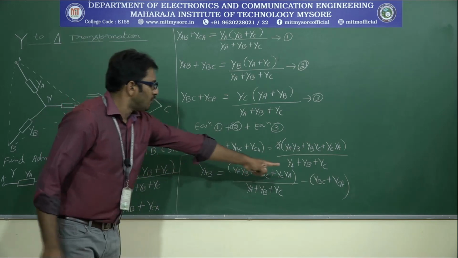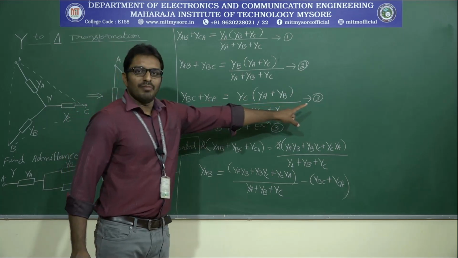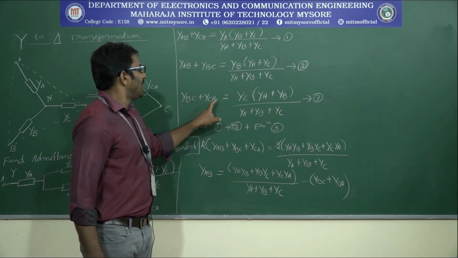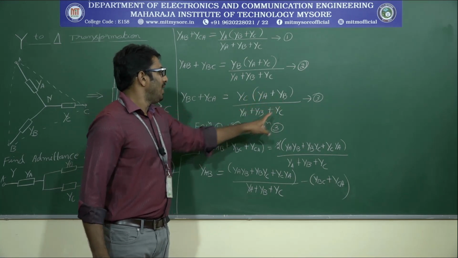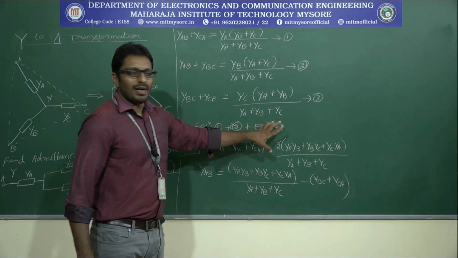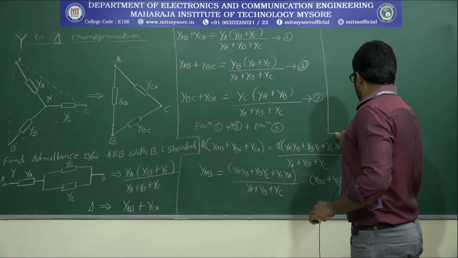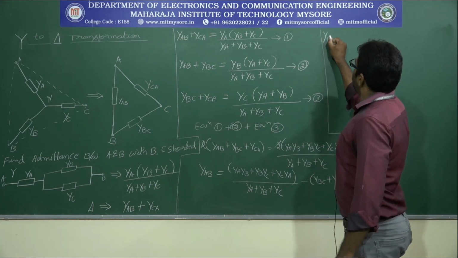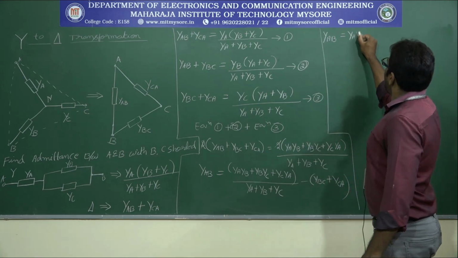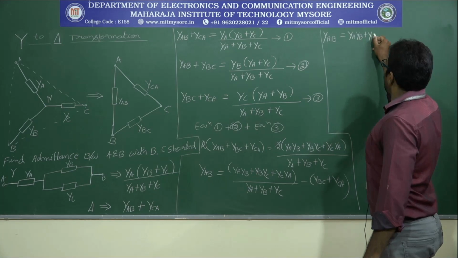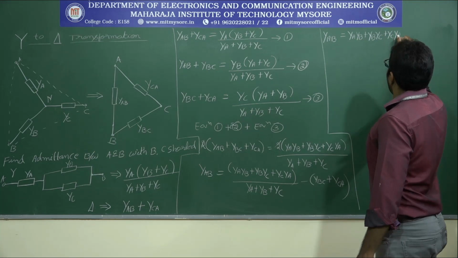You know what YBC plus YCA is, from equation 3: YBC plus YCA is equal to YC into YA plus YC into YB divided by YA plus YB plus YC. Let me simplify this part. YAB is equal to YA into YB plus YB into YC plus YC into YA.